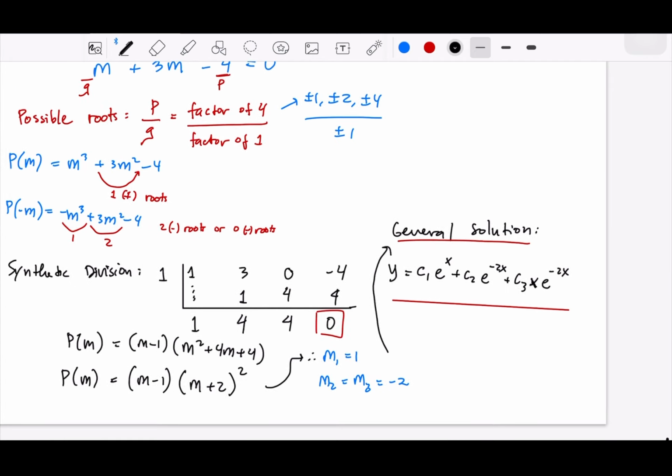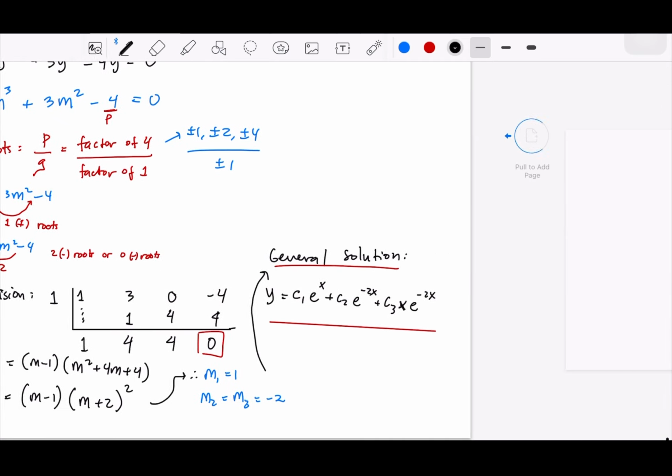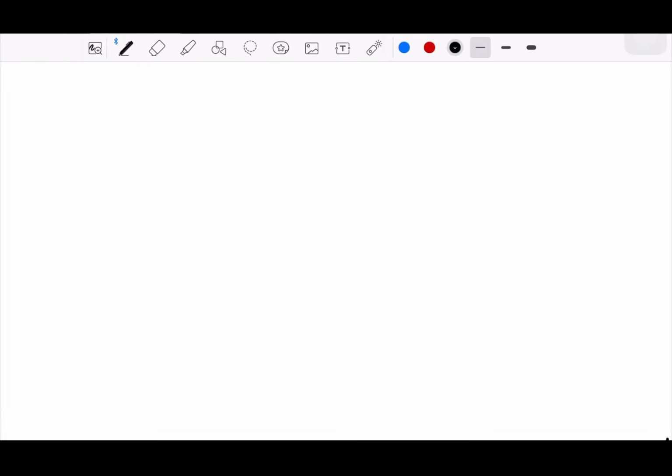Okay, now the next example. Okay, we have this. So the question is to solve this and find the general solution.